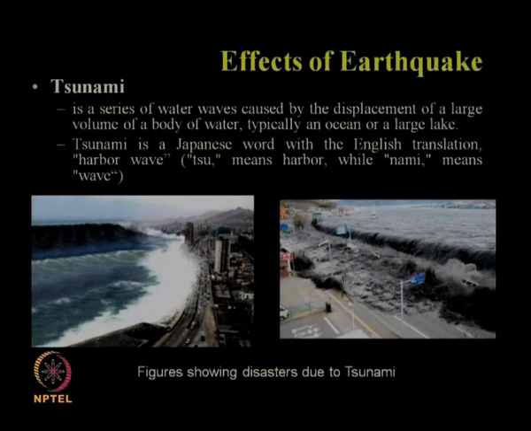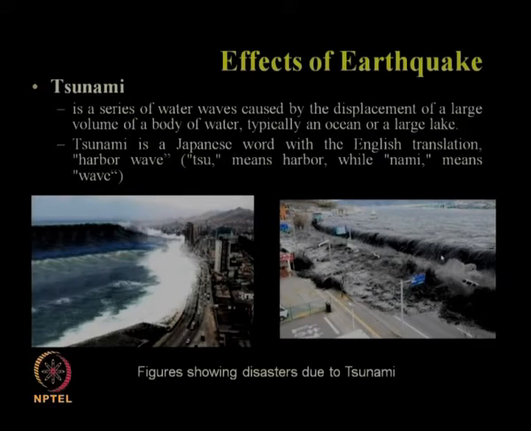It is thrashing on the shore and washing out the entire area, the road, cars, buildings, whatever is located close to the sea. This is a very well documented picture nowadays, taken from the 2011 Japan Tohoku earthquake in March.